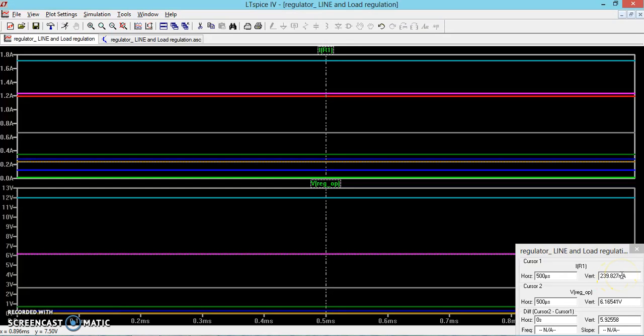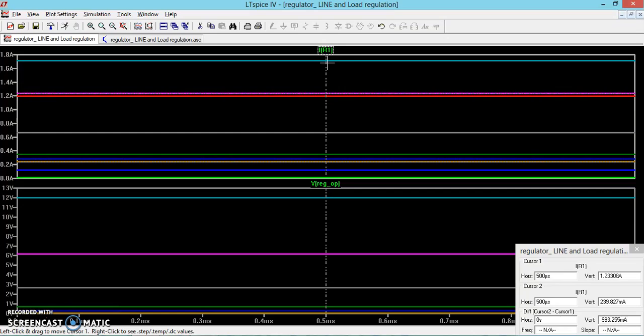Then, let me just change this. Let me select this. You can see 120 milliampere. Now it is 1.1 ampere. Now it is 1.7 ampere, 1.23 ampere. Now it is 668 milliampere. I can see the variation.